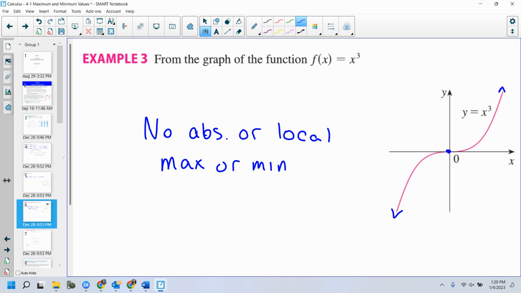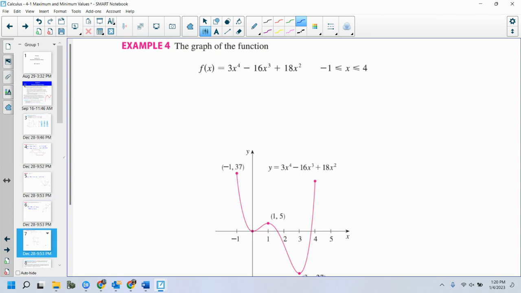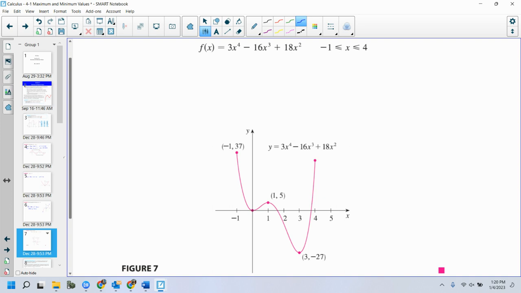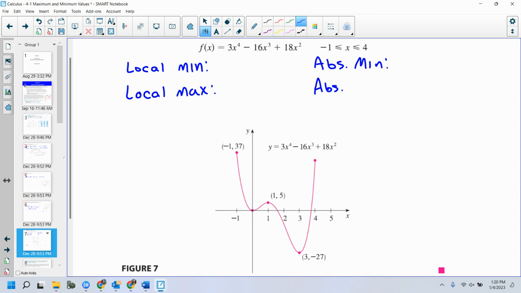Okay. So let's take a look at something really weird. I've got some quartic function on a closed interval from -1 to 4. We are going to define the local minimums, the local maximums, the absolute minimums, and the absolute maximums.